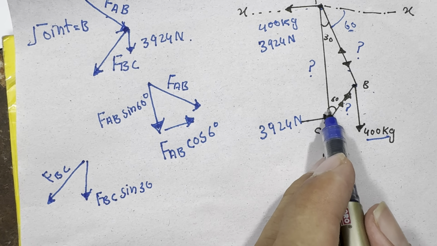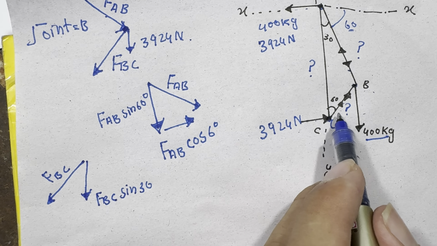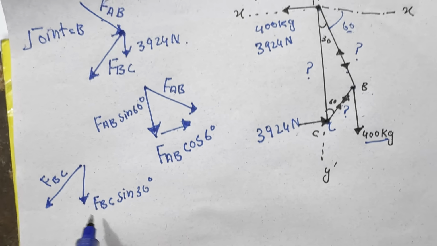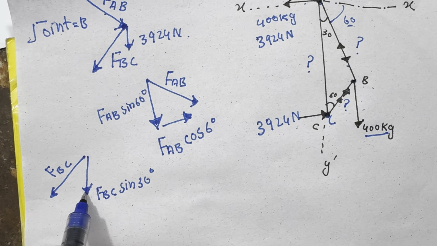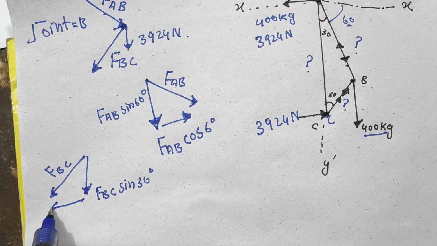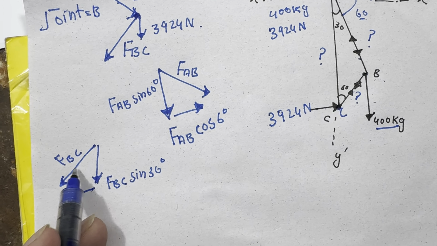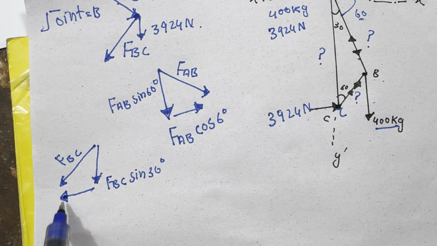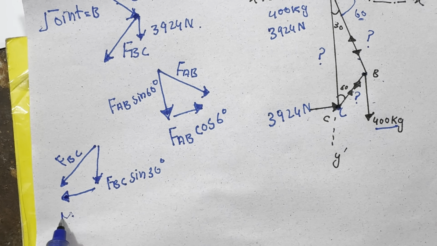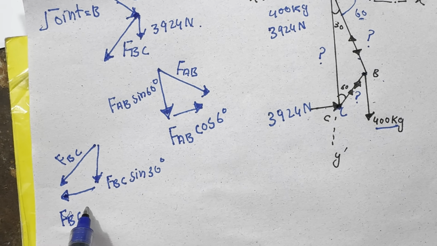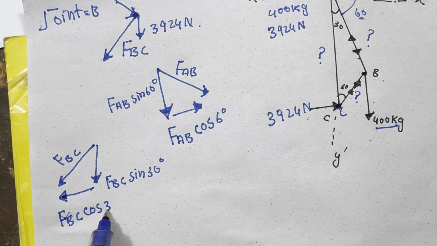This is 60 degrees, but with the horizontal it makes 30 degrees. And this is the other horizontal component of this member, FBC, so it will become FBC cos 30 degrees.